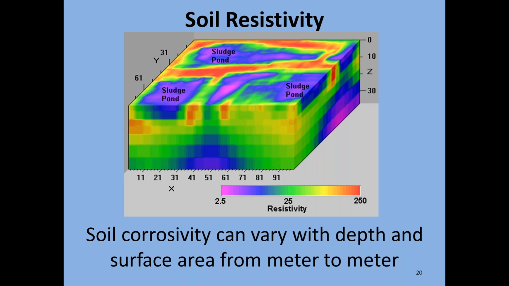So soil resistivity, the one thing to keep in mind is that it can change from acre to acre. Honestly, it can change even from just every 10 feet. It just depends on the variety of a site. If it's a farm, it's usually more uniform because it's been tilled and mixed and so forth.